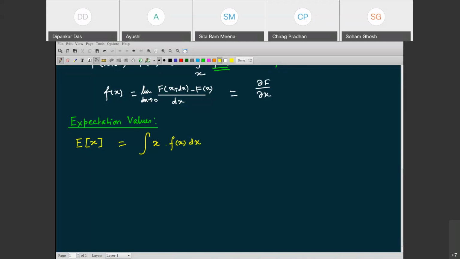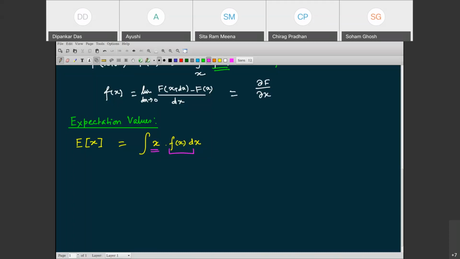People who are already familiar with quantum mechanics already know what I am talking about. The average value of x will be given by the probability to find x in that region times the thing that you want to average over. You multiply that value by the corresponding probability, add over all the possibilities, and you get your average value. That's how we define our averages in general.